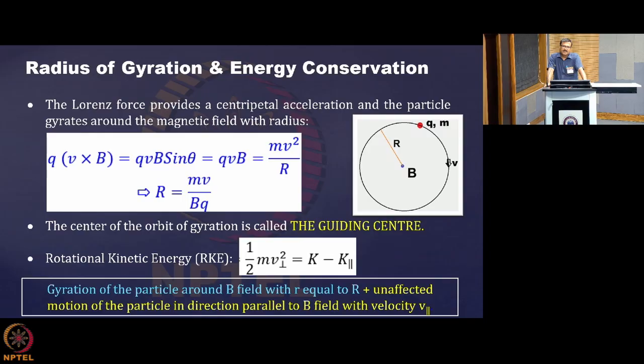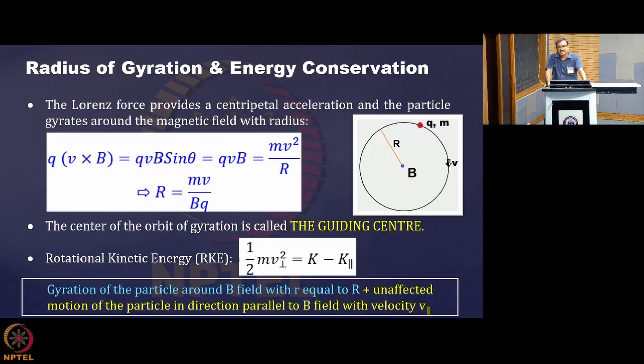K parallel is your horizontal motion, and that is not getting influenced, actually unaffected motion of the particle in the direction parallel to the field. And this V parallel is not at all affected because no force is applied in the direction of V parallel, because of the essential fact that V cross B has no component in the direction of B. So it is always perpendicular to that.